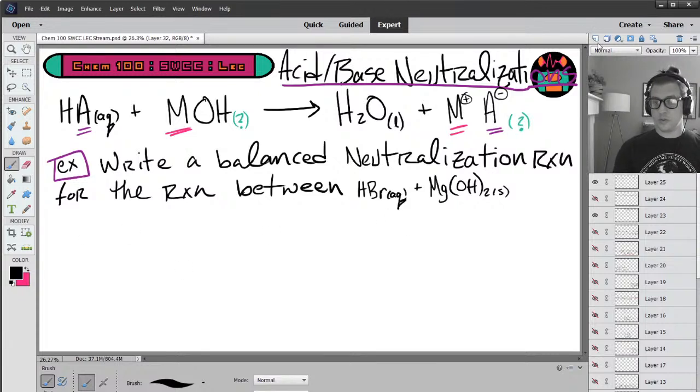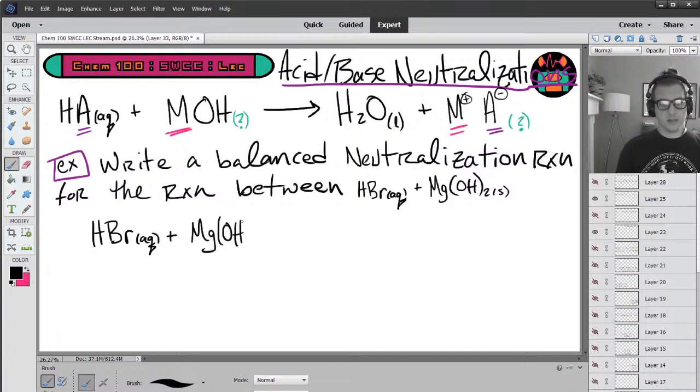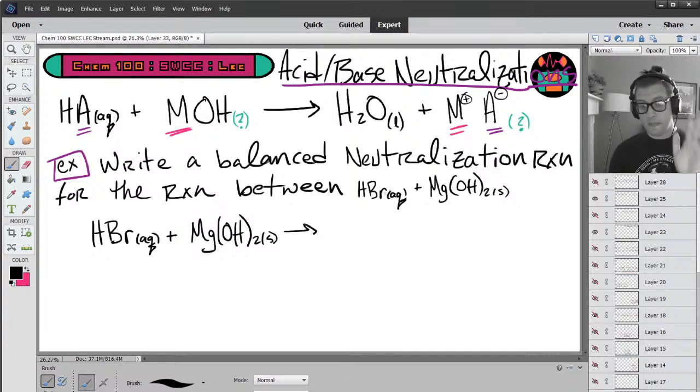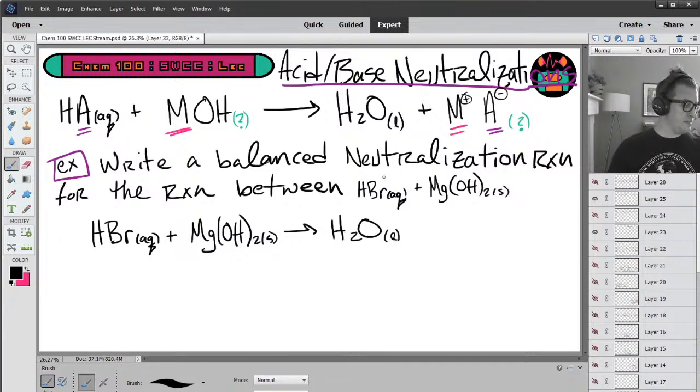So let's write out our balanced chemical equation. HBr plus magnesium hydroxide reacts to produce. Now again, beautiful thing is you will always make water in these reactions. H2O liquid, guaranteed.